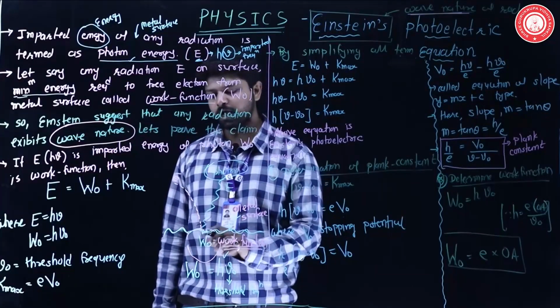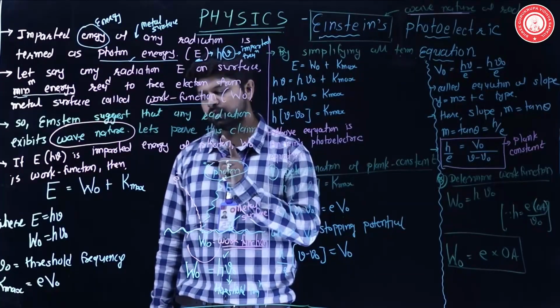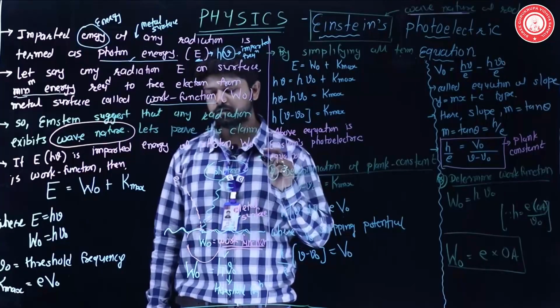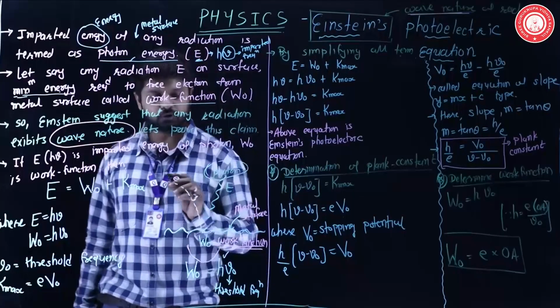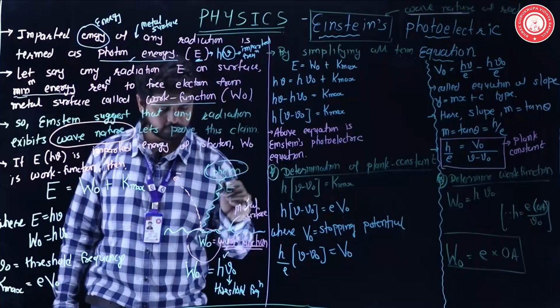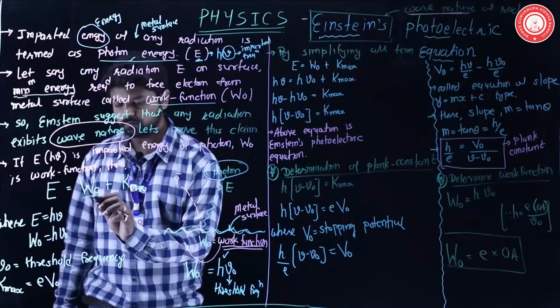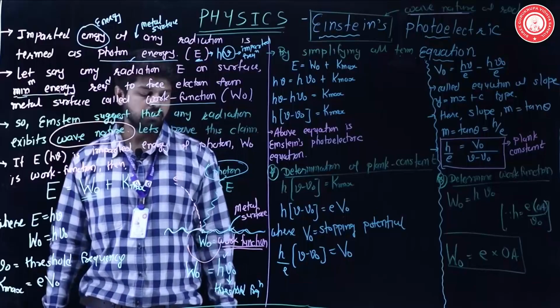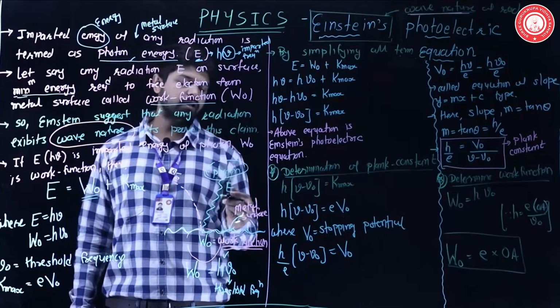So, if I would like to free one single electron from this given metal surface, I would like to convert this imparted photon energy into, number one, work function. Let's consider one example over here.